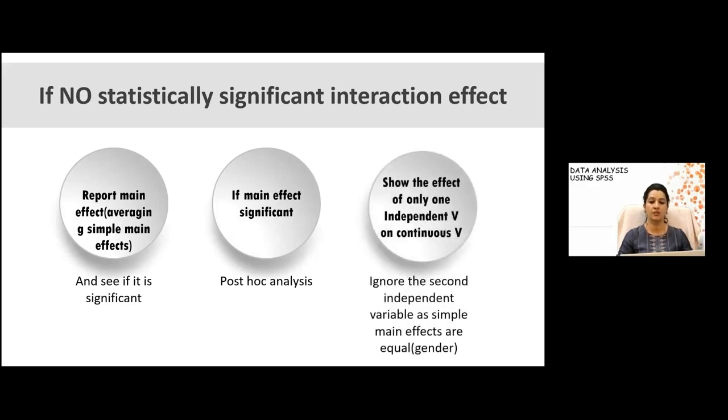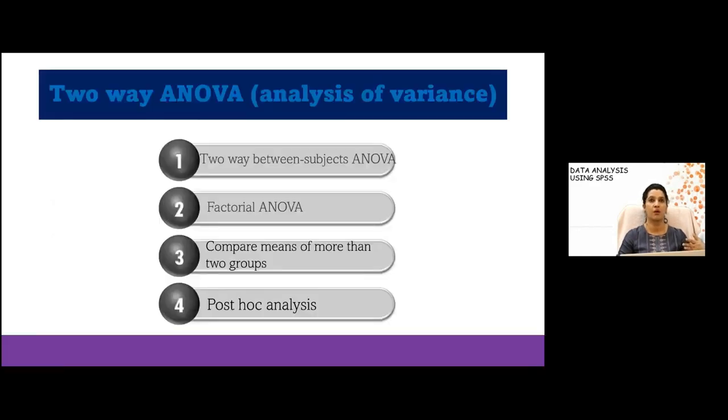It shows that only one independent variable is having an effect on the continuous variable. In that case, we ignore the presence of the second independent variable, because it will be the same in the presence of the second independent variable also.